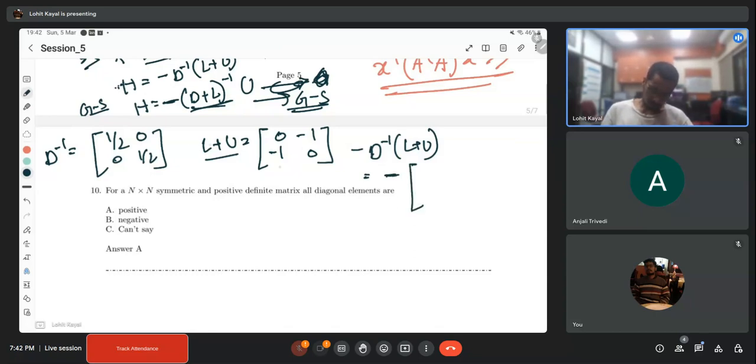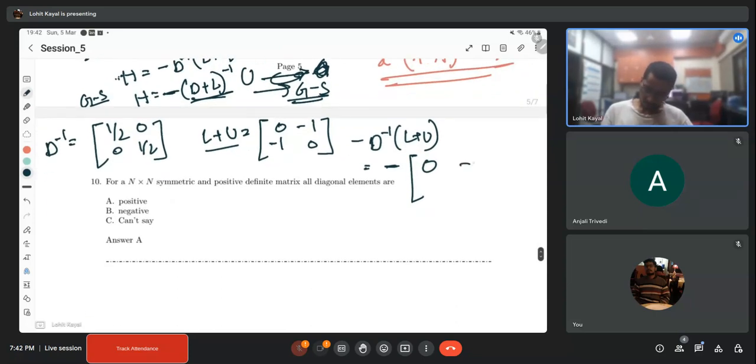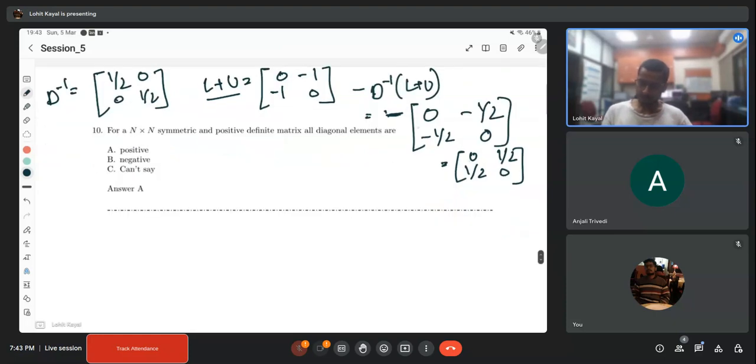Half 0, 0 1. Its first term will be 0. The second term will be minus half. The third term will be minus half, and 0. I have included the negative sign, so it will be 0, half, half, 0.